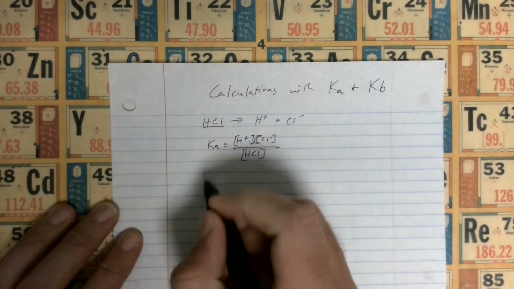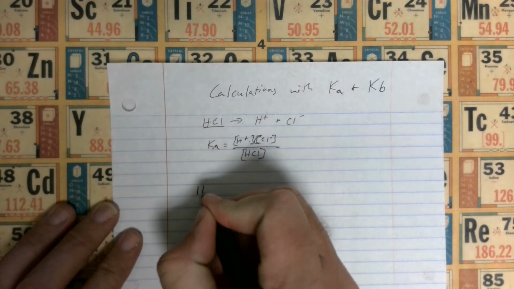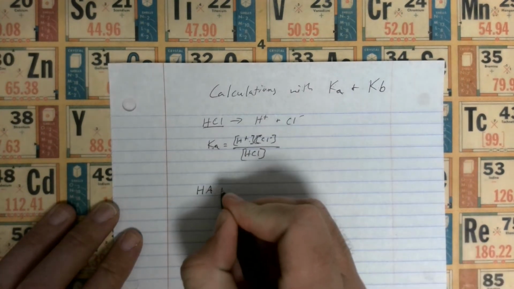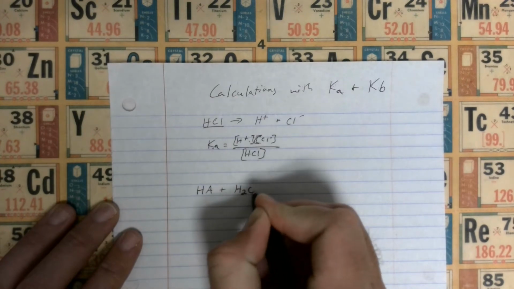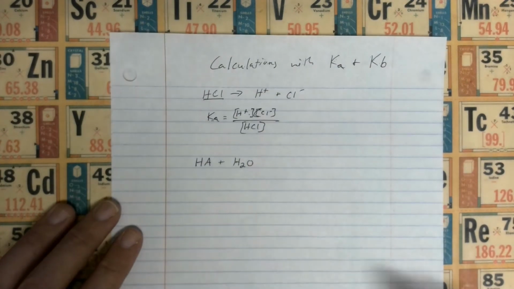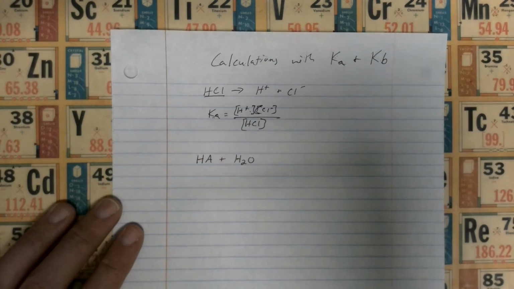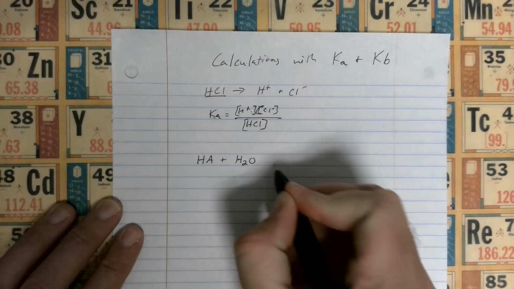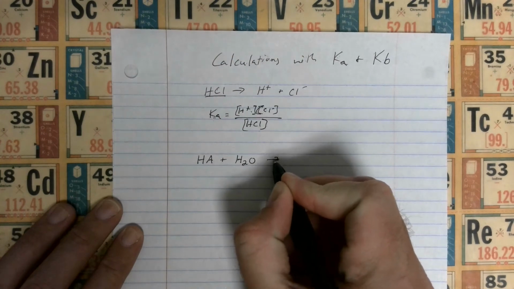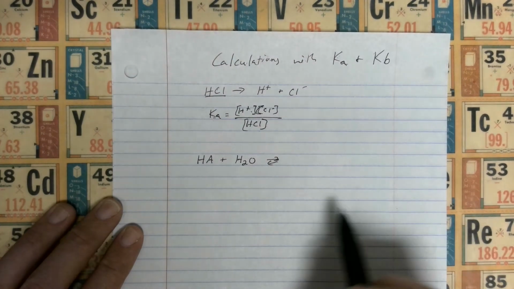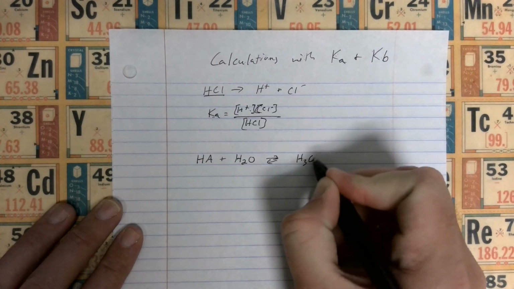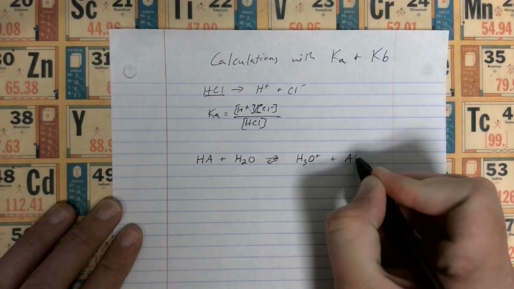And the way that it works, if we have a weak acid, let's call it HA, and we add that to water, so that could be any acid, HA, if it's an acid, it's going to donate its proton to water, so it ends up being H3O plus and A minus.